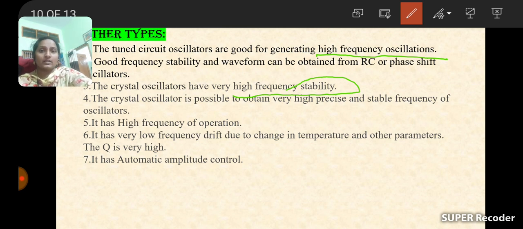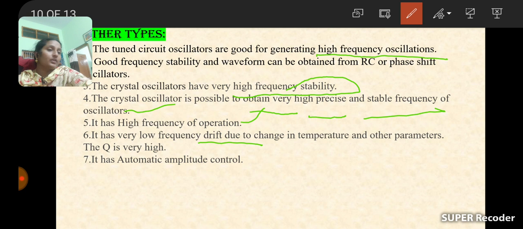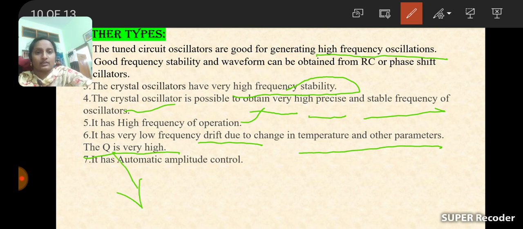With the crystal oscillator it is possible to obtain very high, precise and stable frequency oscillations, and it has a high frequency of operation. It has very low frequency drift due to changes in temperature and other parameters. The Q is very high.